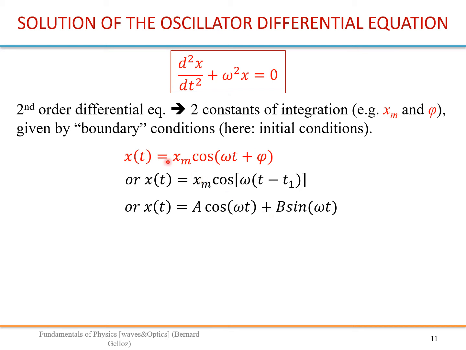Okay, but in physics these are equivalent. These three are equivalent, and in physics we prefer taking this one with just one function and an additional parameter here. In each case you have two parameters. So we have xm, the amplitude, and this is a phase, in fact, or here a and b, two amplitudes.